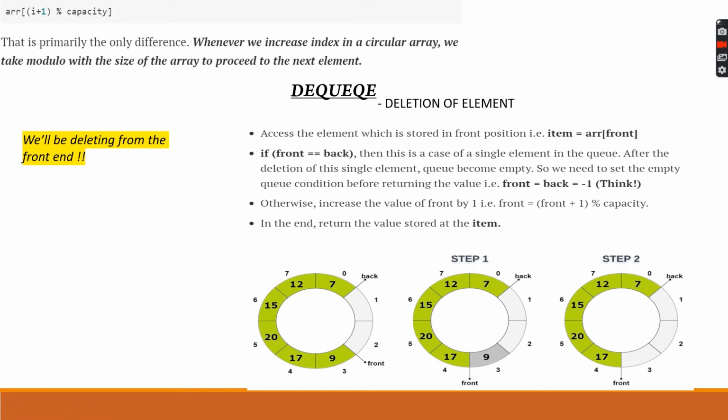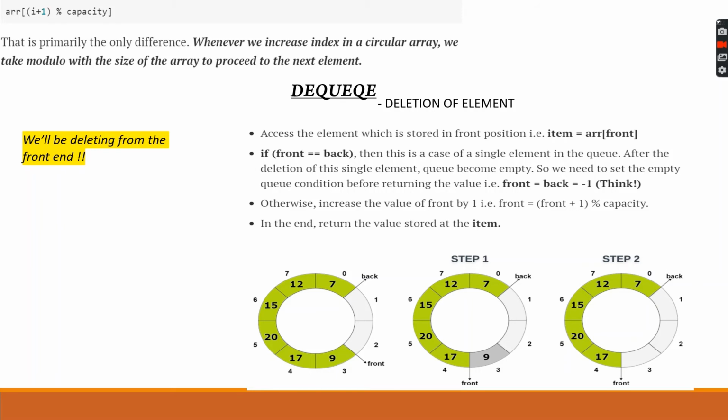Now we move forward and discuss DQ in depth, that is deletion of an element. The main point to remember in DQ is that we delete from the front end. The first step is to access the element stored at the front position.